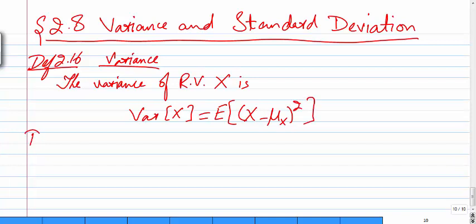Then there's another one, that is standard deviation.